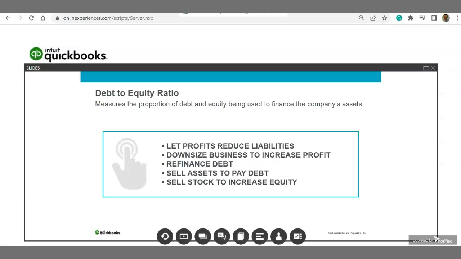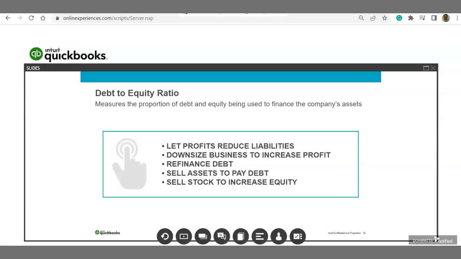A business with a higher debt to equity ratio can do some things to help. And here's a list of them. The business could really focus to generate profits and use those profits to reduce their liabilities, pay down their debt.